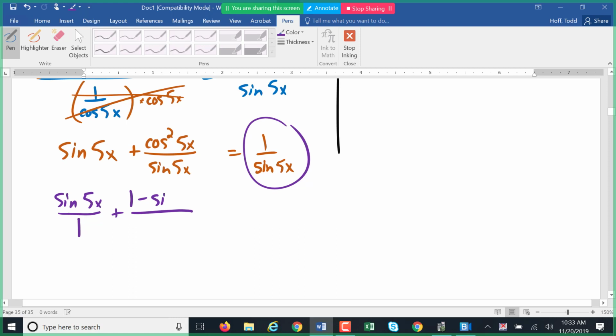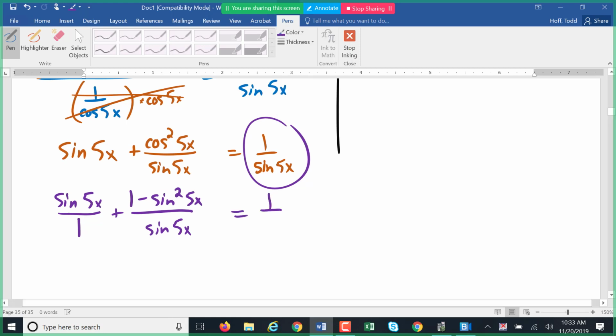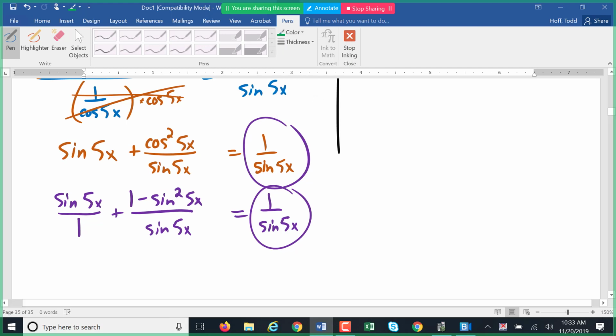So that can be 1 minus sine squared of 5x, still over sine of 5x. The right side, not doing anything with yet. That's still 1 over sine of 5x. We're going to keep that throughout the rest of this.